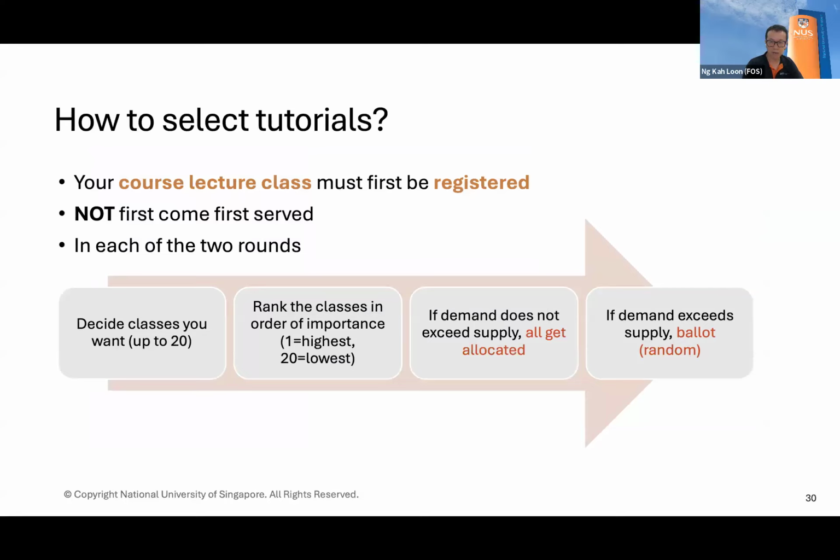If demand for that particular time slot does not exceed the quota or the number of spaces, then every student who chooses that time slot will get allocated that tutorial group. If demand exceeds supply, then it will be random balloting, where the system will randomly assign the maximum number of students that that particular time slot can accommodate.